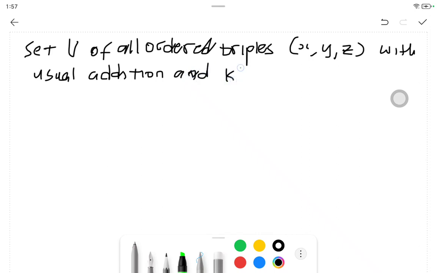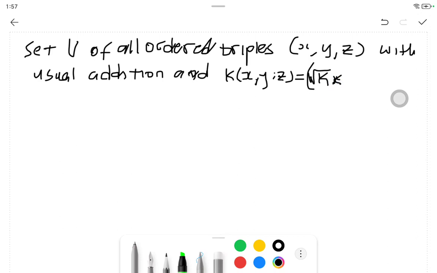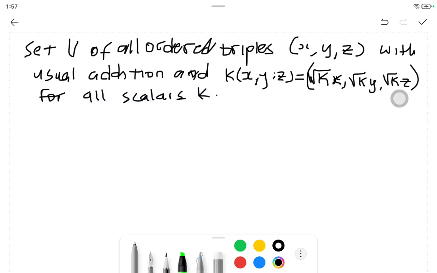They gave us what the scalar multiplication is, which is kx, ky, kz, for all scalars k.